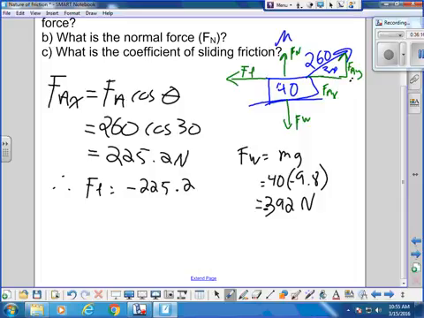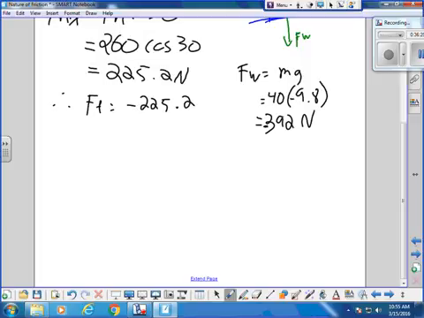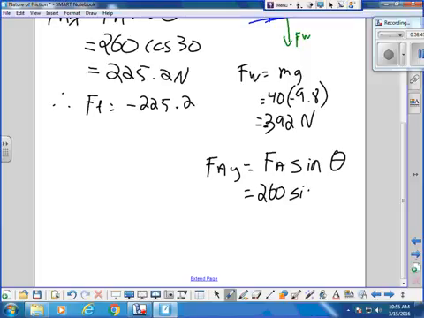How much is the FAY? Up, isn't it? We don't know yet. The opposite to the FAX. Exactly, Nate. Well done. FAY is going to be FA sine theta, 260 sine 30.